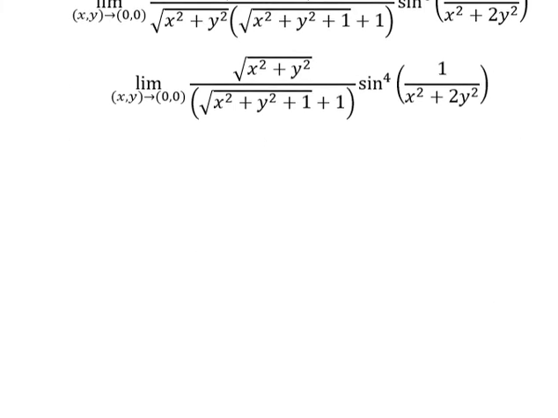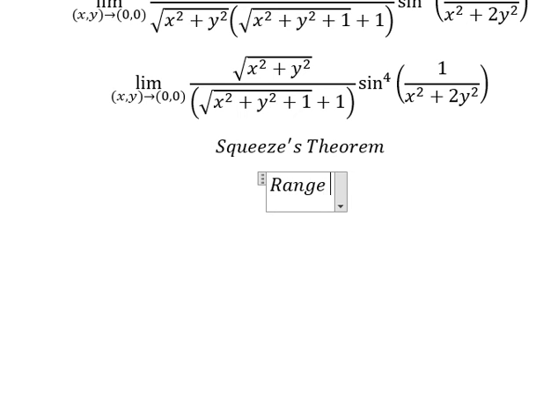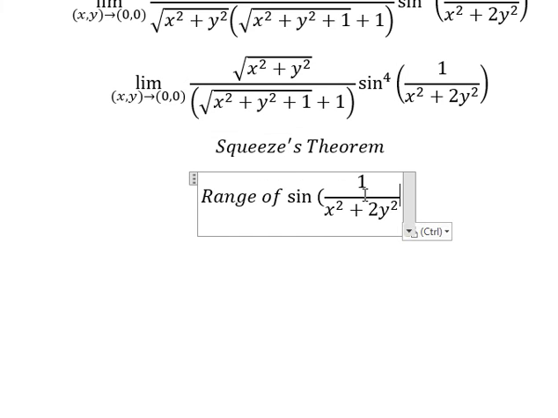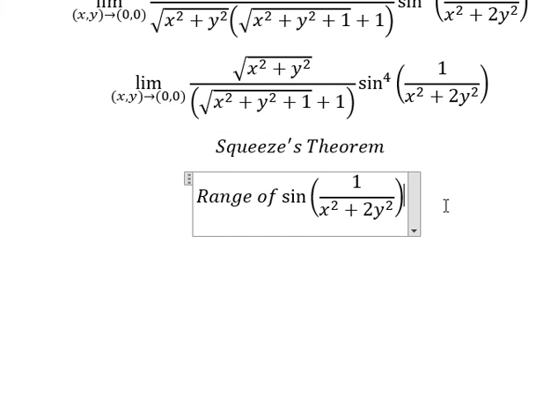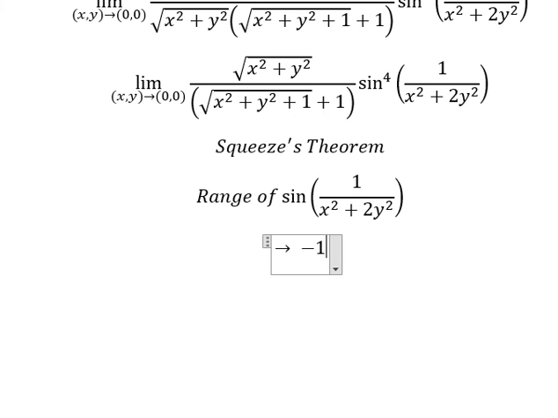Next, we can use the squeeze theorem. So we need to find the range of sine of this one. And we know that the range of the sine should be from negative number 1 to positive number 1.